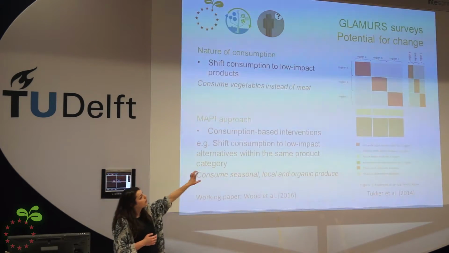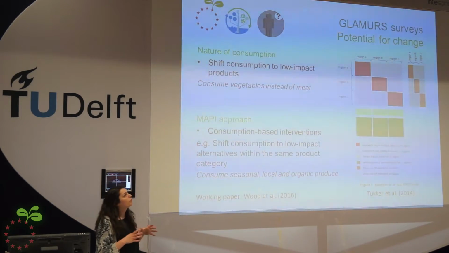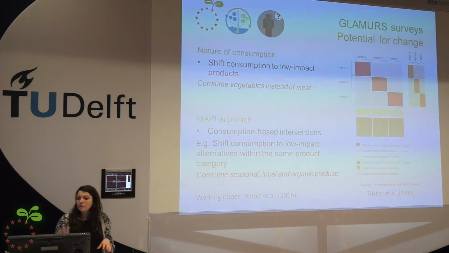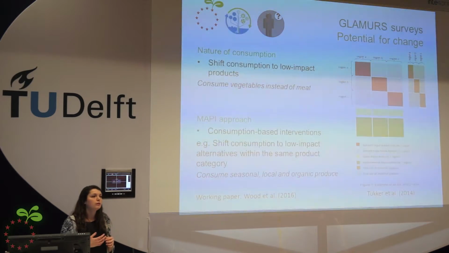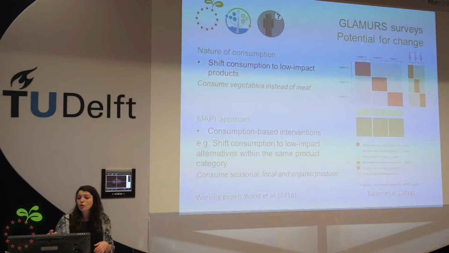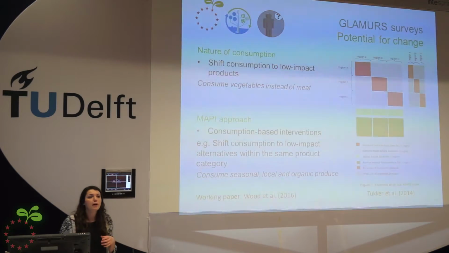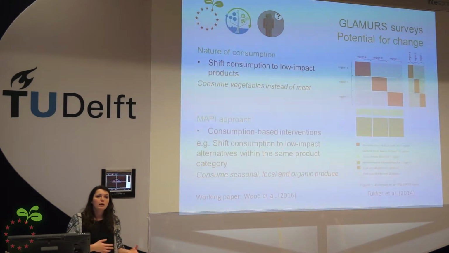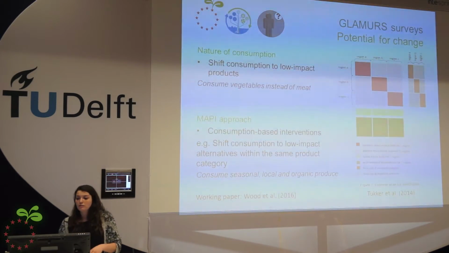What you can see there is the input-output framework that we use. In the red boxes, this shows the production recipe. So if we change the production recipe, if we use less inputs for a certain product, that would lead to a change in their total impacts. We could also change the orange part, and that's the demand. We could shift demand from consuming meat to consuming vegetables.